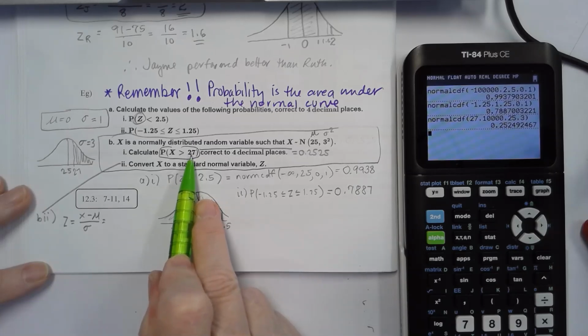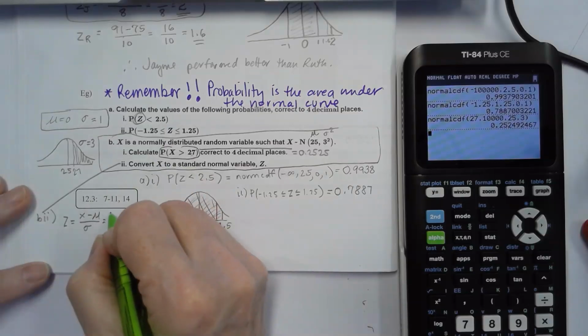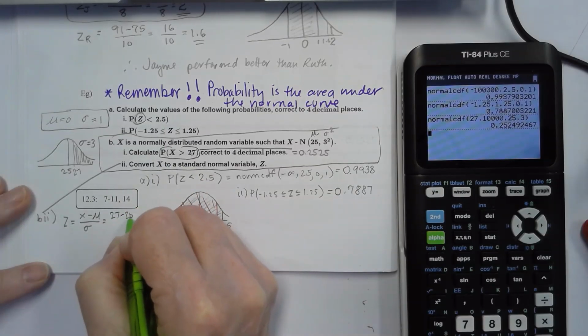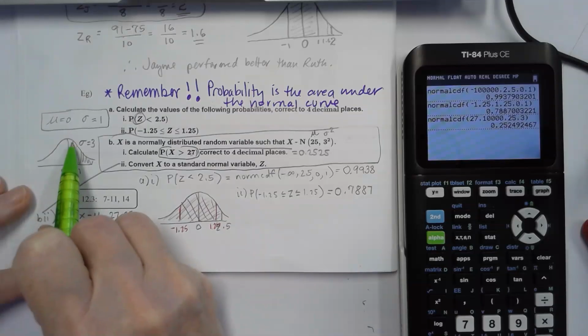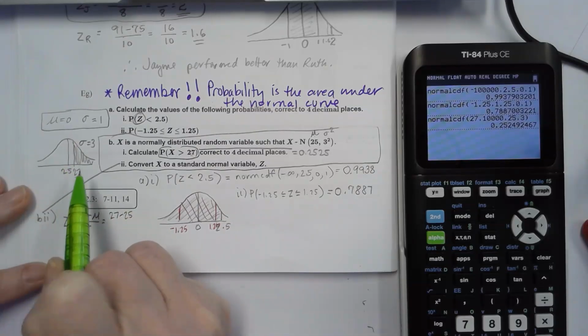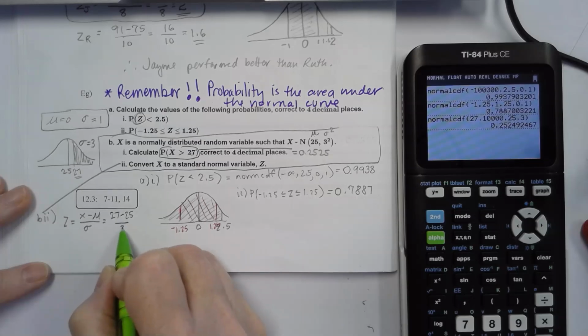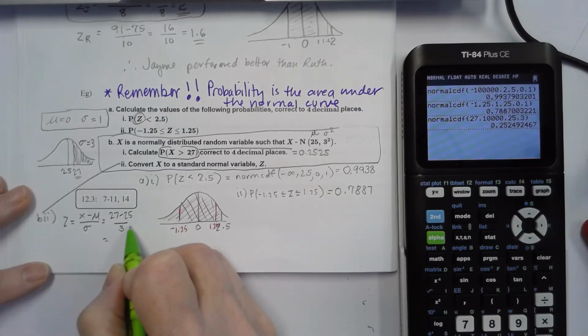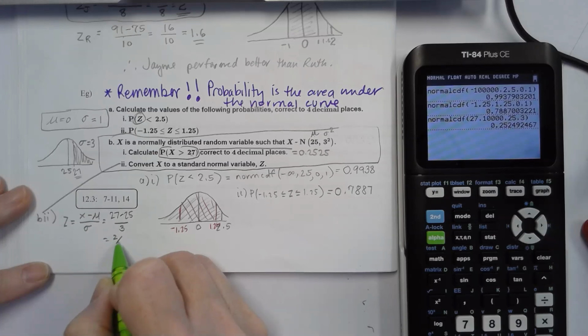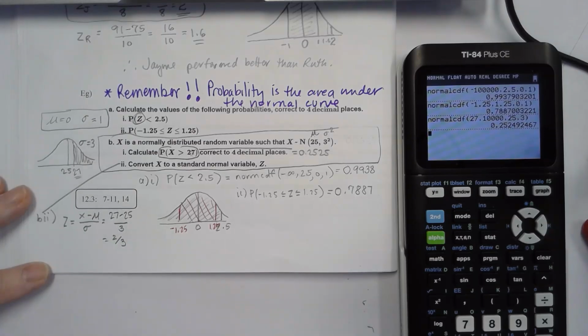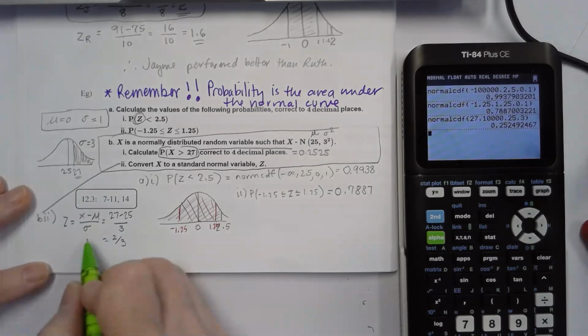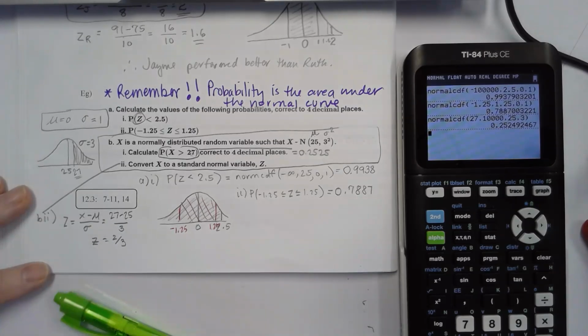Okay, it's the x that they put in the problem, 27 minus 25, because they were trying to get this value here, yeah, on the picture, over 3. So that's 2/3, agreed? Okay, that's the z. So that's what this means.